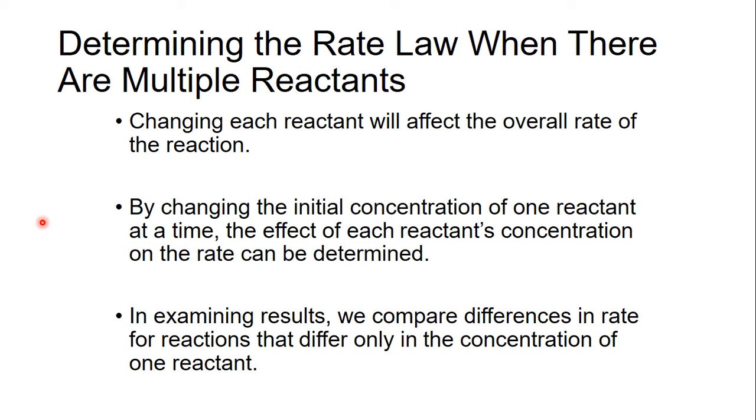Then you can determine the rate order for the second reactant you're varying. Then you just do the reverse. You hold the second concentration the same and vary the first concentration, and determine the rate. Since you know what the change in concentration was, because you physically put in the amount of reactant, you can determine the rate order from your experiment.